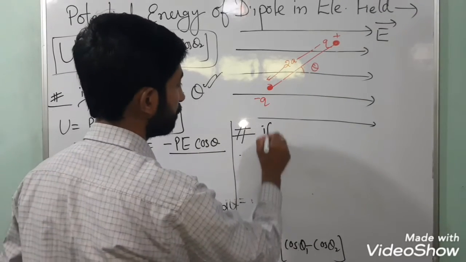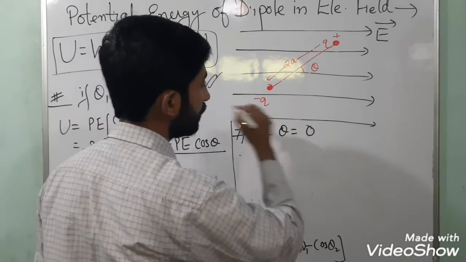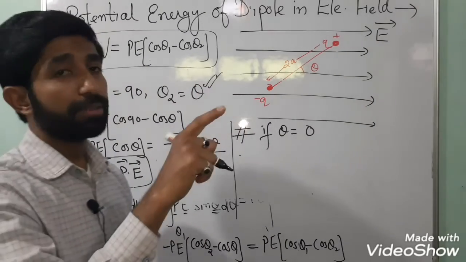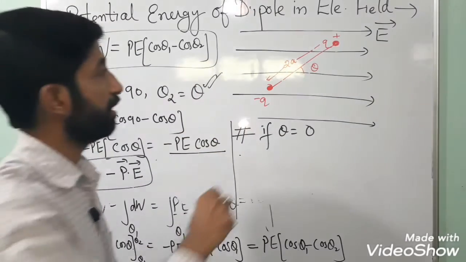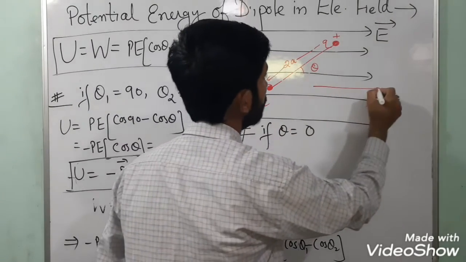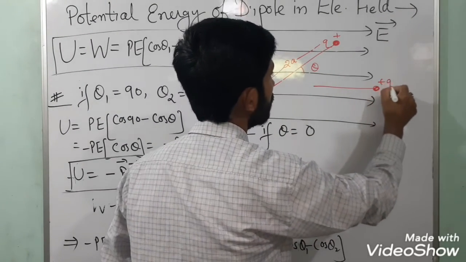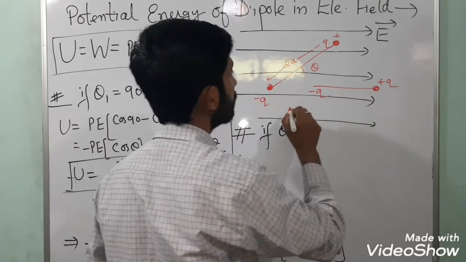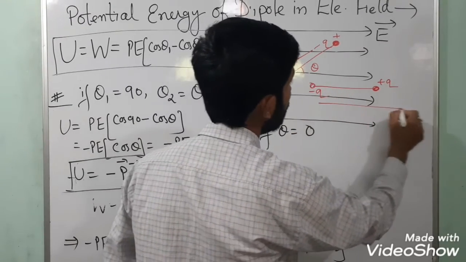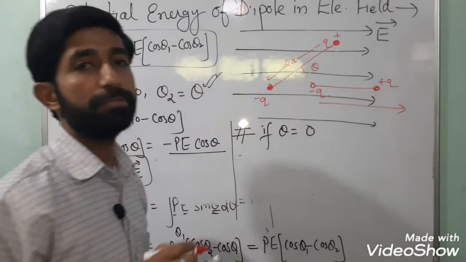If theta is 0, that is, this dipole is placed along the direction of the electric field. Say this red colored dipole is placed this way. This is plus q and that is minus q. So the dipole moment of this system is along the direction of the electric field.